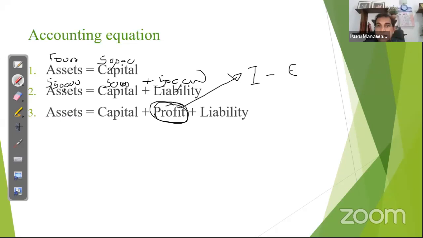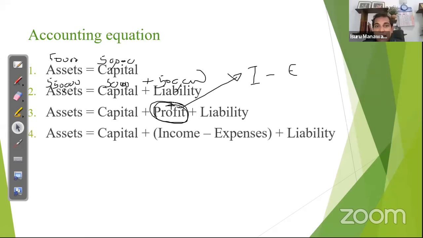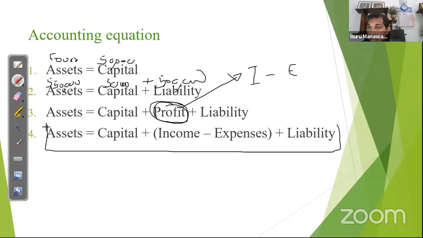So instead of profit, we can write asset equals capital plus, within brackets, income minus expenses, plus liability. So this is the accounting equation.